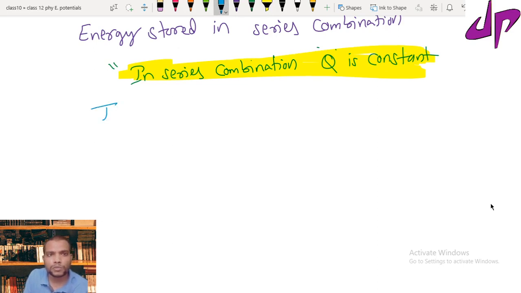Suppose I have different capacitances of capacitors C1, C2 and C3 and so on, and I connect them in series.